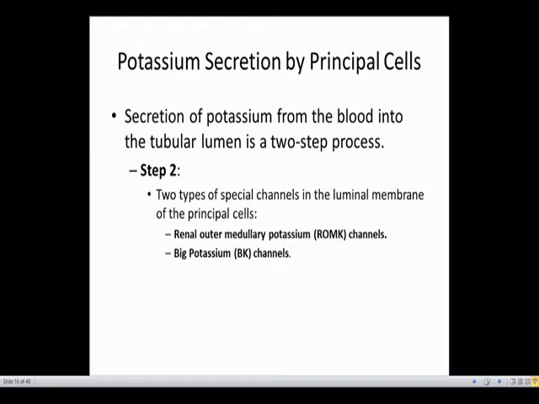These include number 1, renal outer medullary potassium ROMK channels, and number 2, big potassium BK channels. Both types of potassium channels are required for efficient potassium excretion.